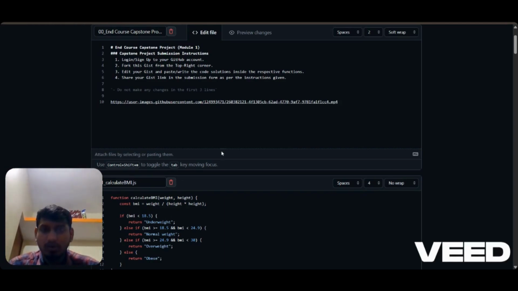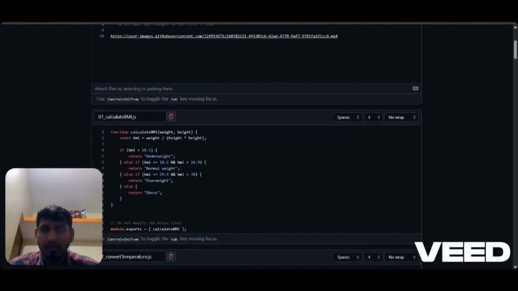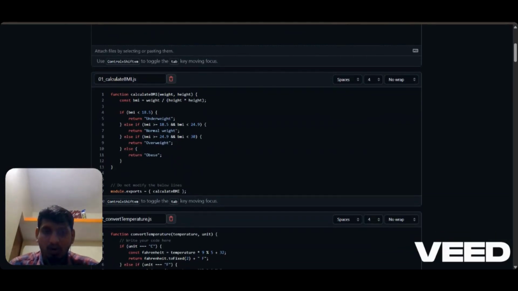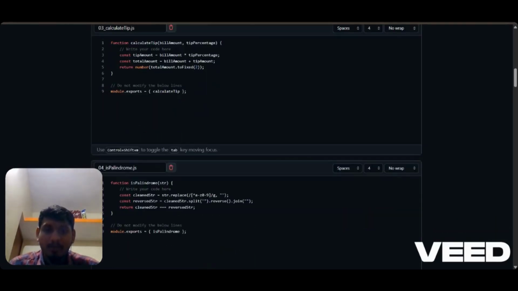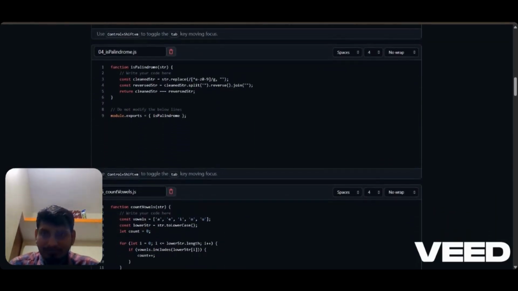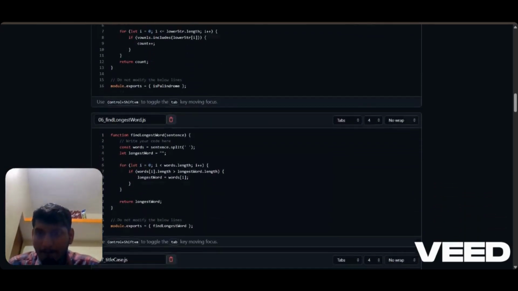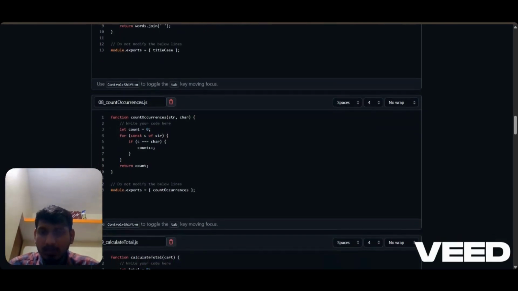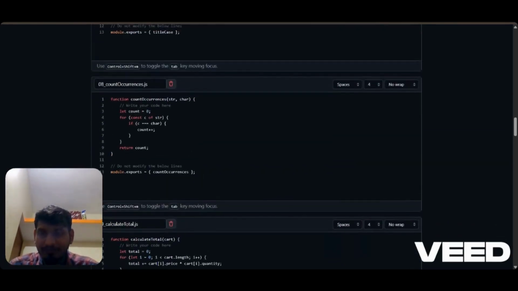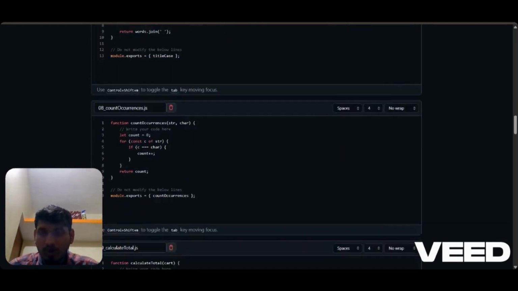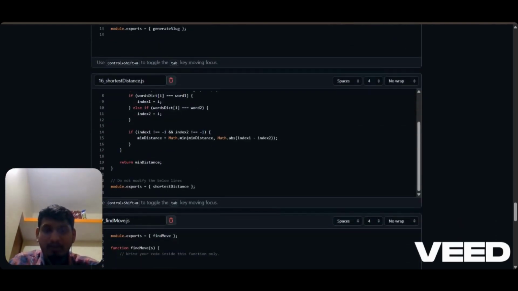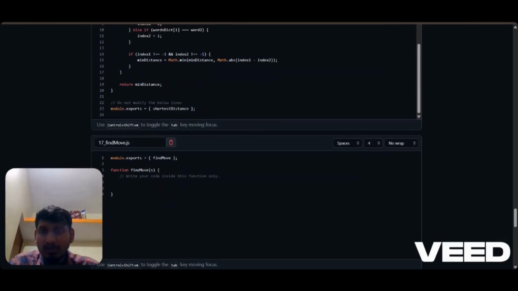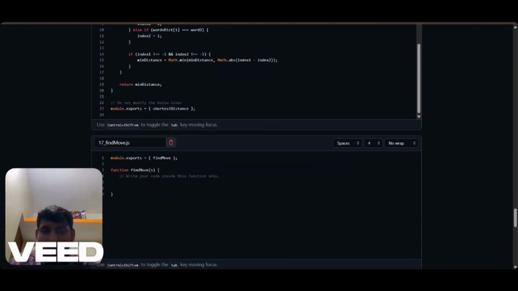First is the BMI calculator, another is find the longest word, and the third is prime numbers. Another one is generate slug URL, and the final one is shortest word distance.